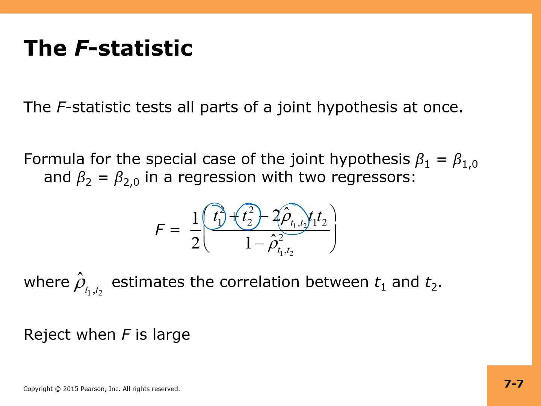Similar to hypothesis testing for one coefficient, we reject the null when this F is really large or when the p-value is less than the significance level that we choose. Oftentimes we choose a 5% significance level.